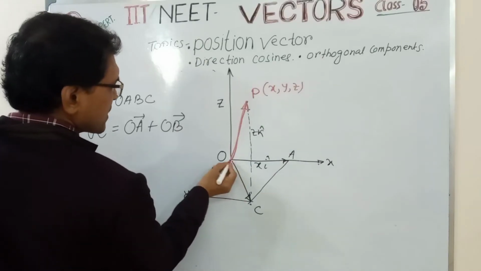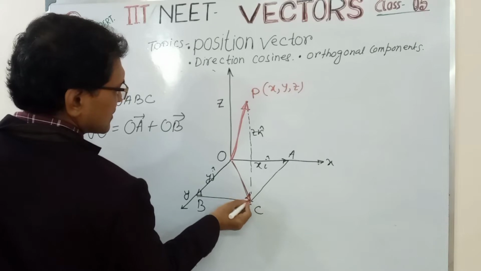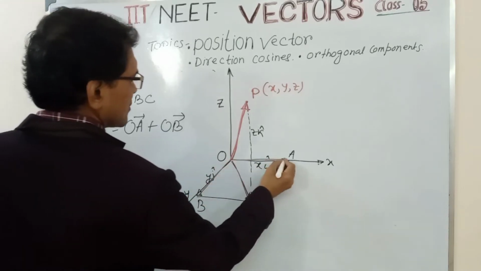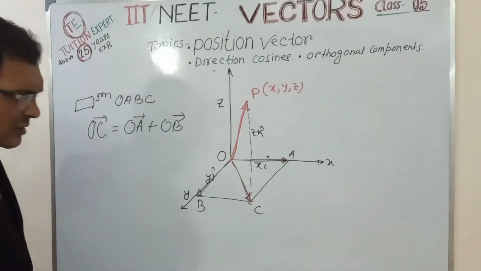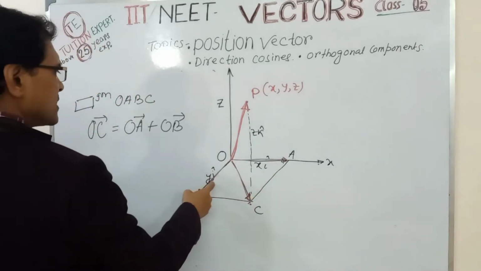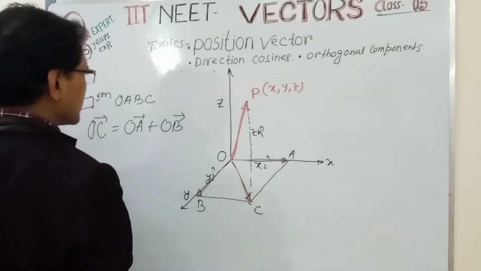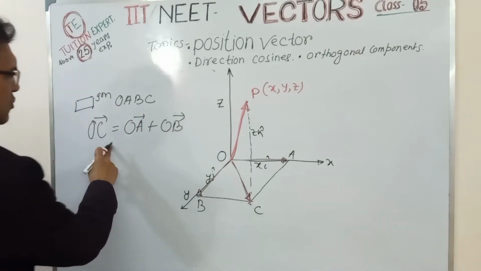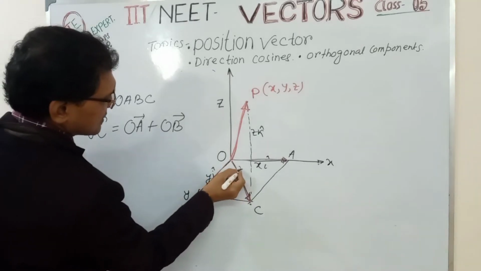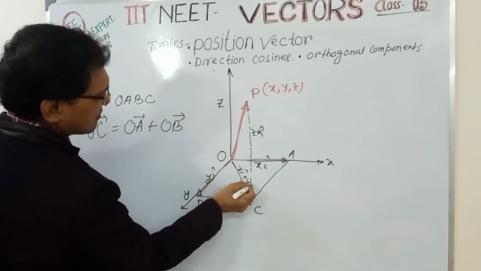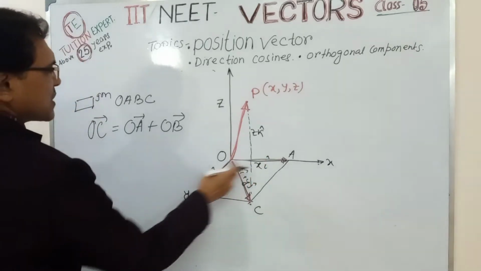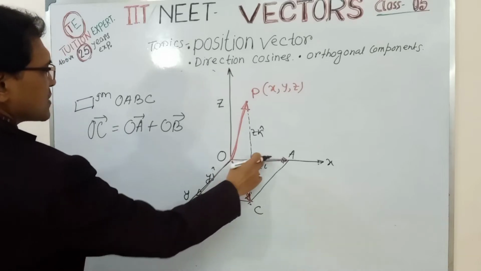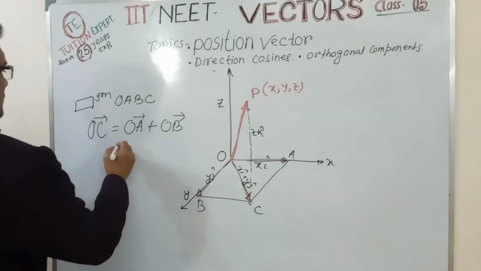So the OC vector: this vector is x i, y j, and this vector is z k. Now from the parallelogram law, OC is the diagonal, so this plus this equals this, because this is the diagonal.